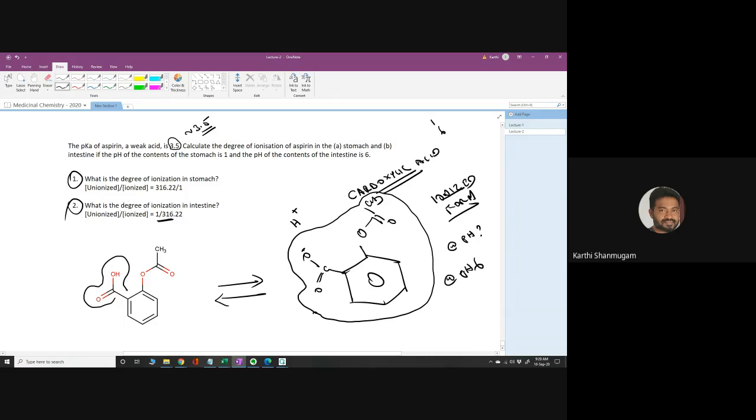But at pH 1, for every 316 molecules in its unionized form, only one molecule will be in its ionized form. So we can say at pH 6, more number of aspirin molecules will be in its ionized form. Do you agree? Yes, sir.